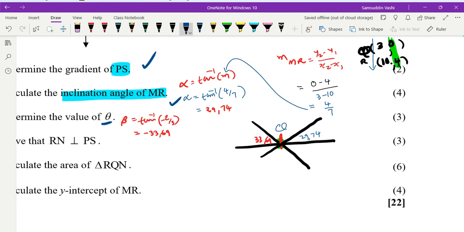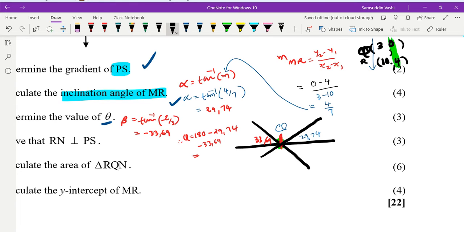And this is theta. So now I can see three angles on a straight line. So how do we calculate theta? Therefore, theta equals to 180 minus 29.74 minus 33.69. Okay, use your calculator, give me the answer.